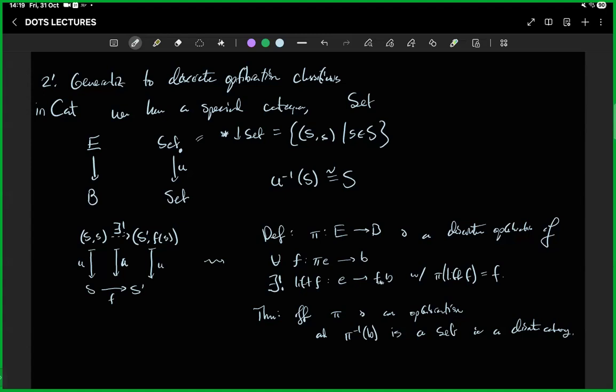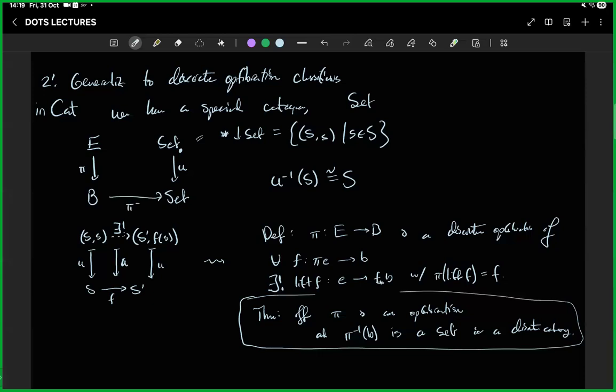In this category level, suppose that pi is a discrete op vibration, which by the theorem is an op vibration and the fibers are sets. Right? So in that case, I can put pi inverse here, and I can put something here. What is that?